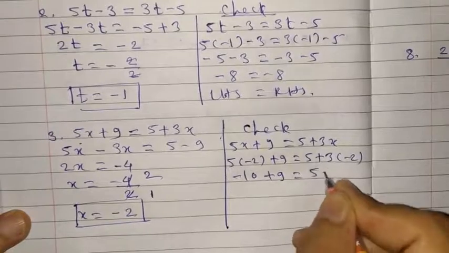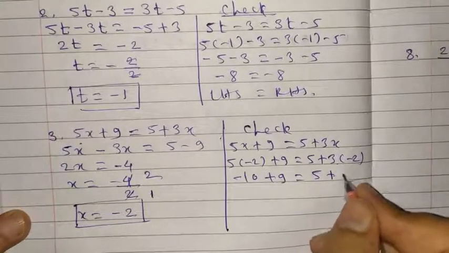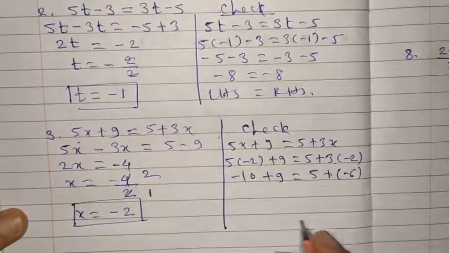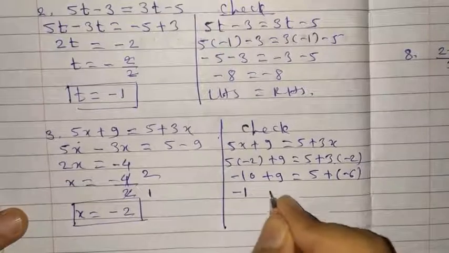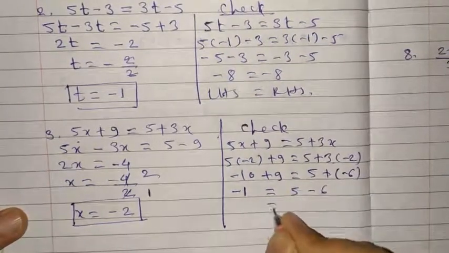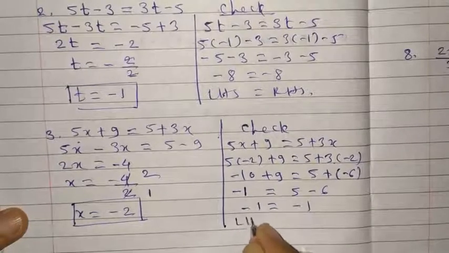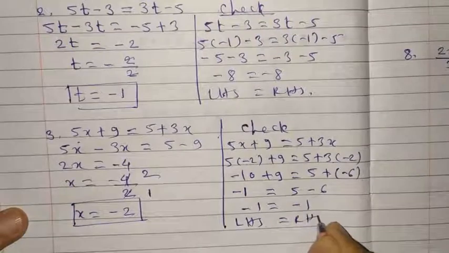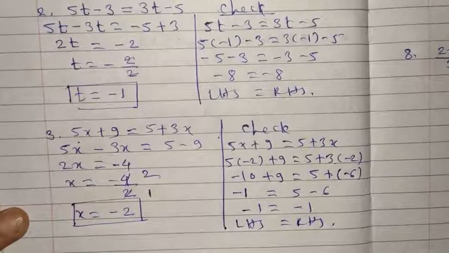Here 5 plus 3 into 2 is 6, sign will be minus, so it is minus 6. Here minus 10 plus 9 is 1, with the sign of the greater number. Here 5 minus 6, the sign of the greater number and subtraction. Both are the same, so LHS equals RHS. It means our answer is correct. After that we will go to the next question.